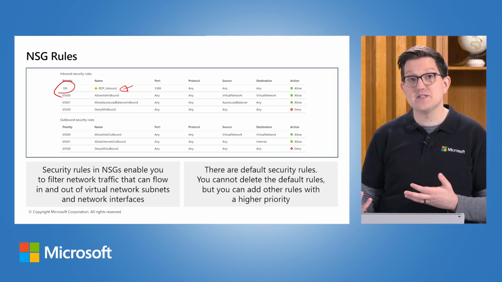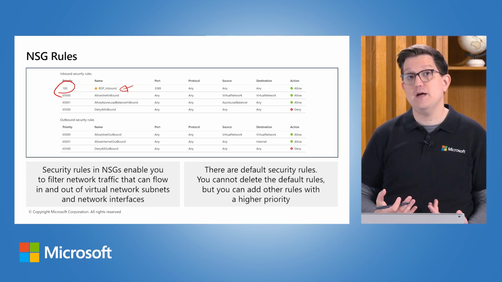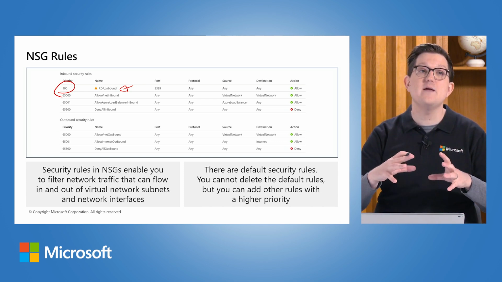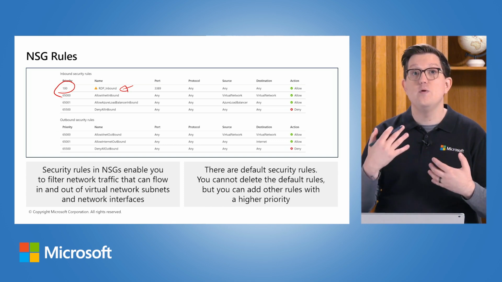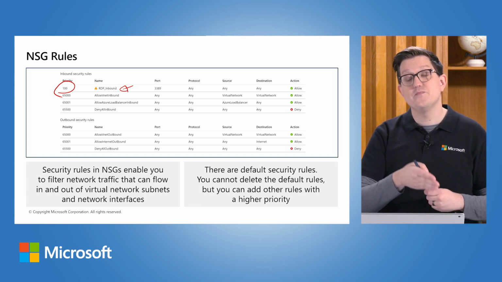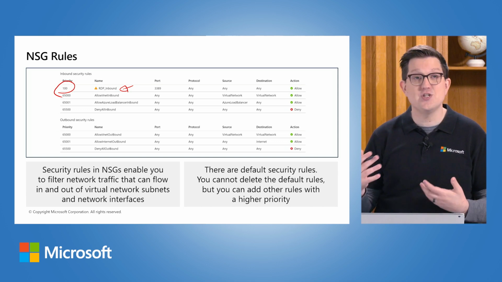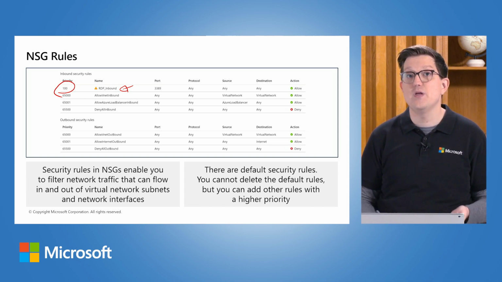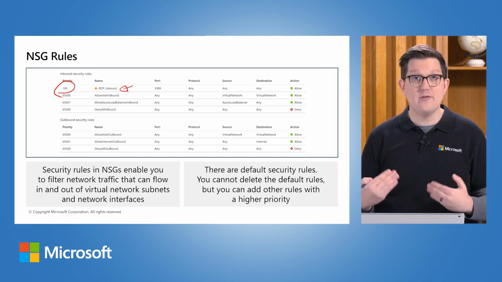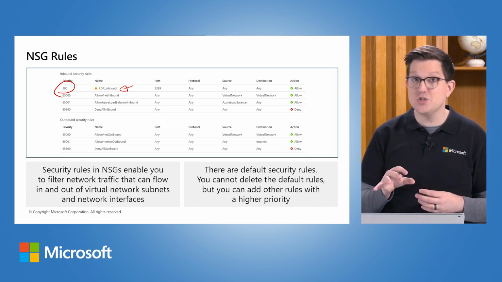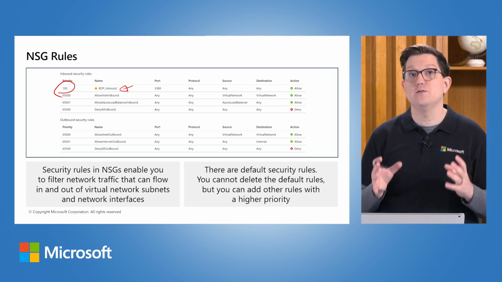Additionally, on the outbound side of things, we allow VNet outbound, so we can intercommunicate between virtual networks. We allow internet outbound, so virtual machines can go patch and communicate as they need to, but otherwise we deny all other traffic. Again, if you wish to restrict this further, you absolutely can.